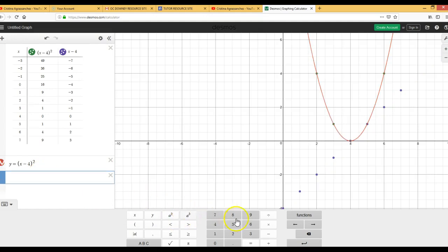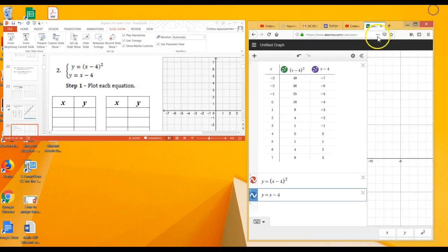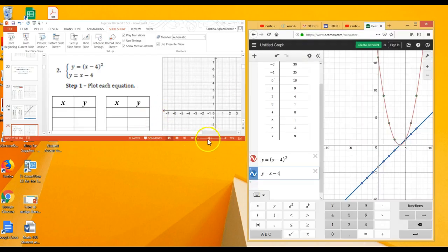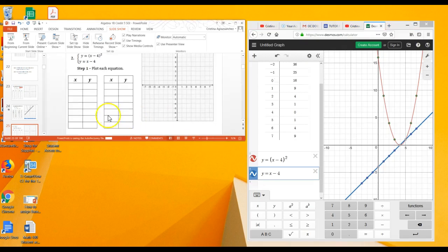And I can also write in y equals x minus 4, so I can see that line a little bit more distinctly as well. This is just a tool you can use so you can see it visually, but do record that they have two solutions and that we have a graph onto your paper here. Okay, and we'll pause here for now.